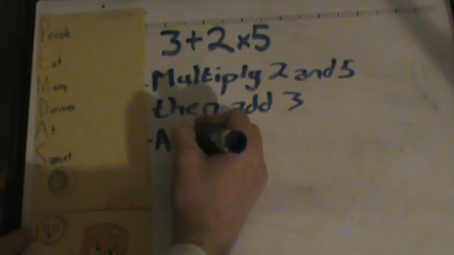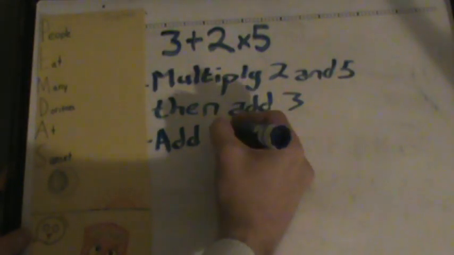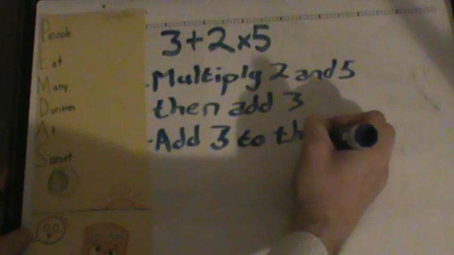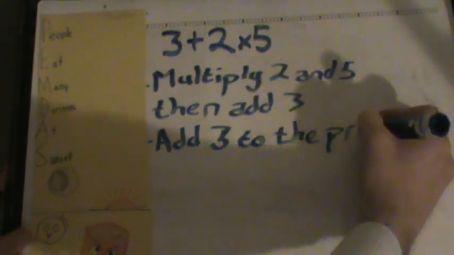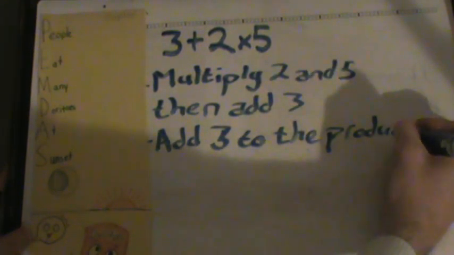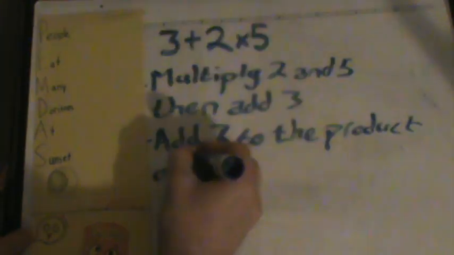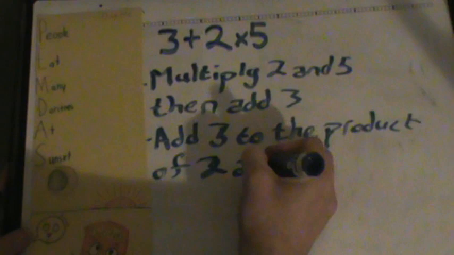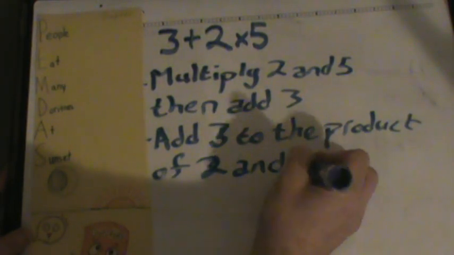Or we could say add 3 to the product of 2 and 5.